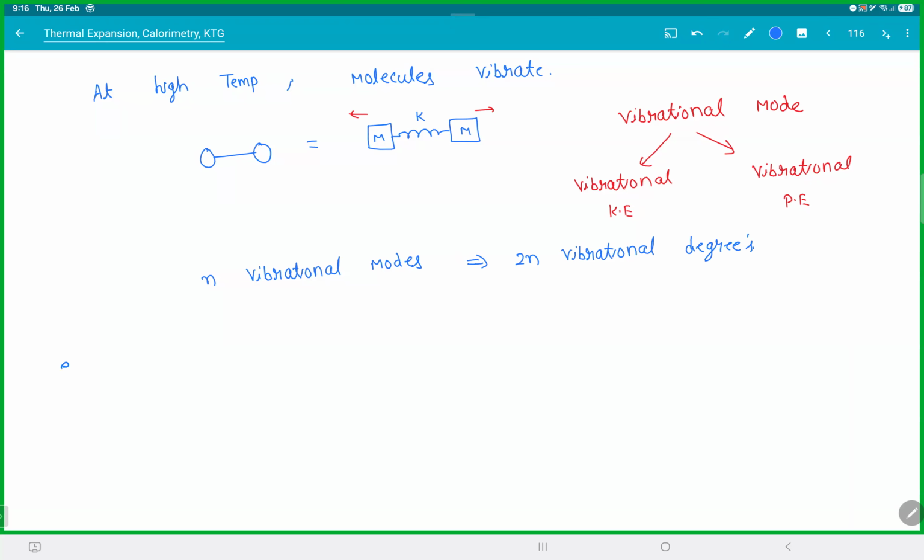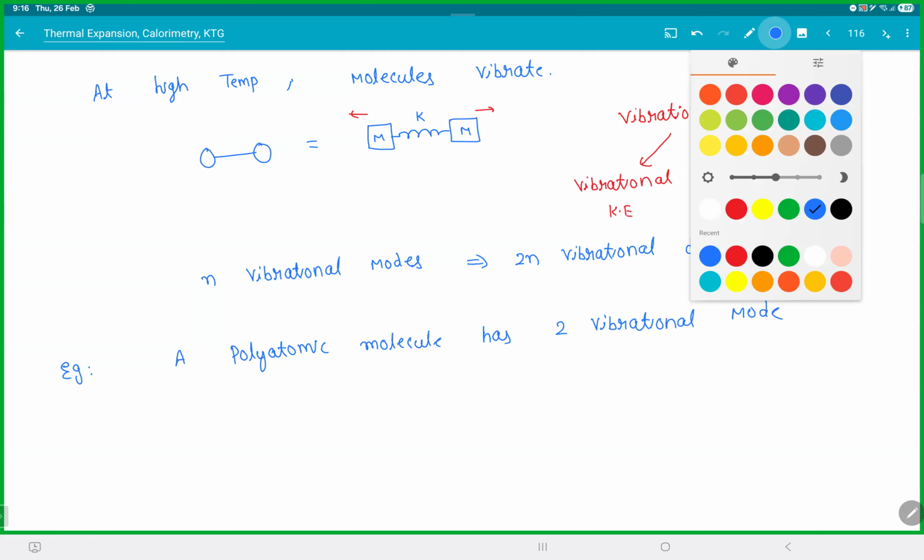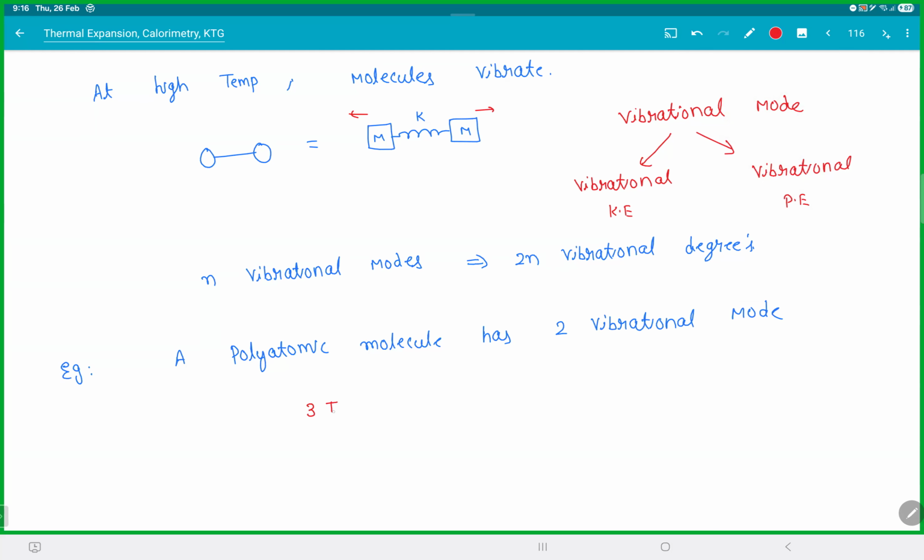So this is a question they asked in JEE. For a polyatomic molecule that has 2 vibrational modes, the question was to find the adiabatic constant. So this thing has 3 translations, Vx, Vy, Vz.